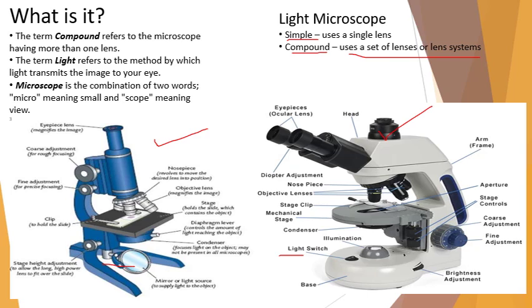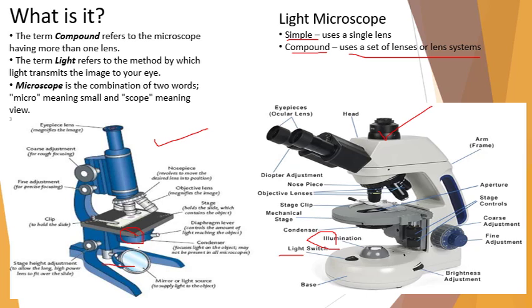You can see that one uses a mirror, so the source of light for this microscope is a mirror, and in the other microscope the light source is an illuminator.